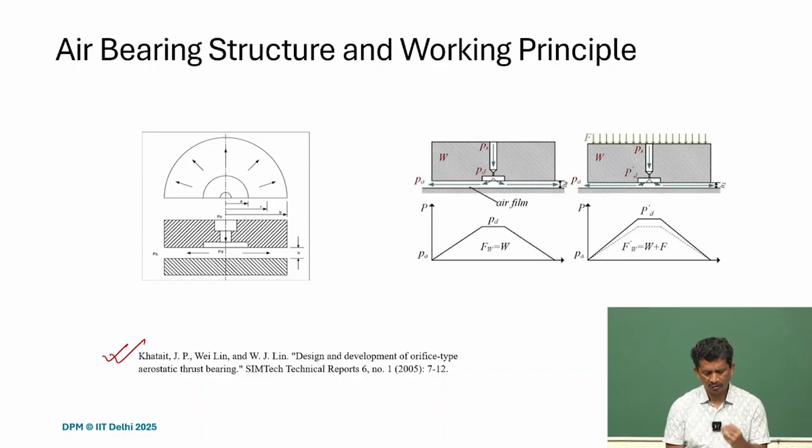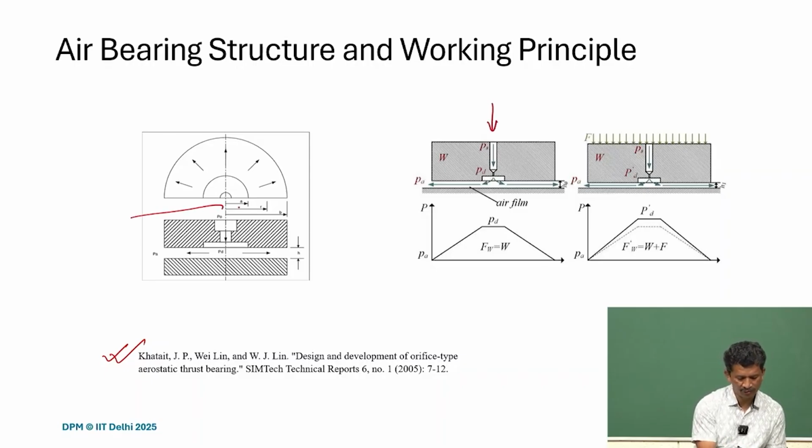Orifice type air bearings are very easy to use and easy to understand as well. Here what we have is pressurized air fed. Maybe what we can see is there is an inlet pressure and there is a pocket inside, and then here we have a groove, a central pocket, and then there is a restrictor here, and then air is passed through.